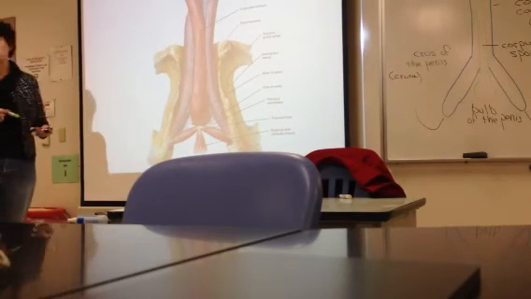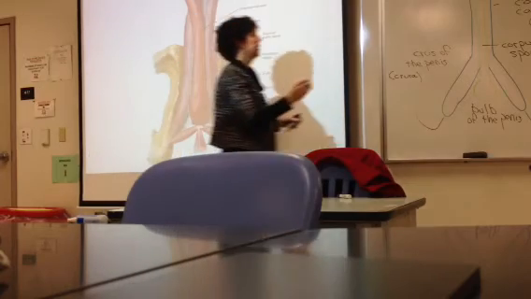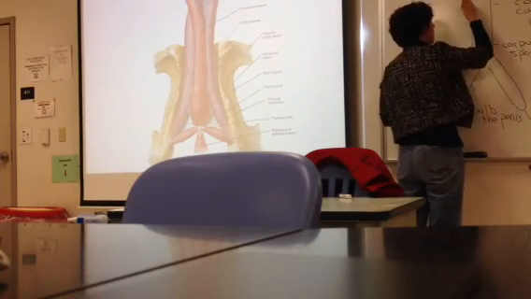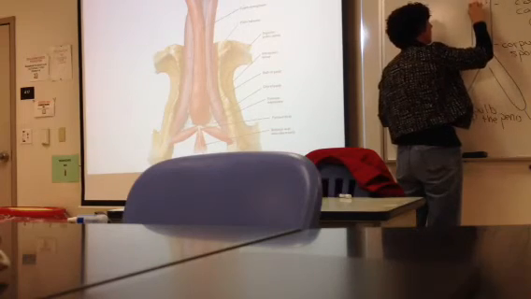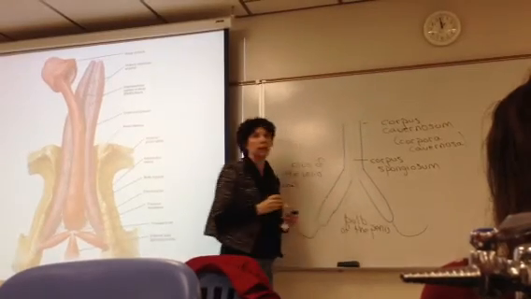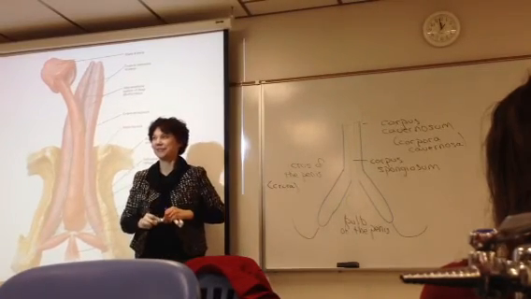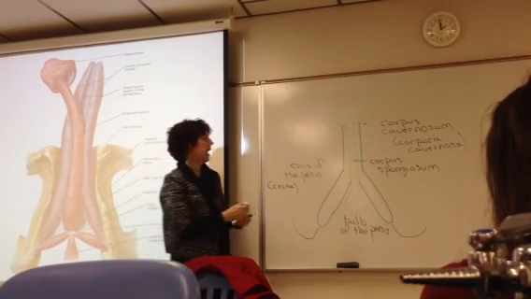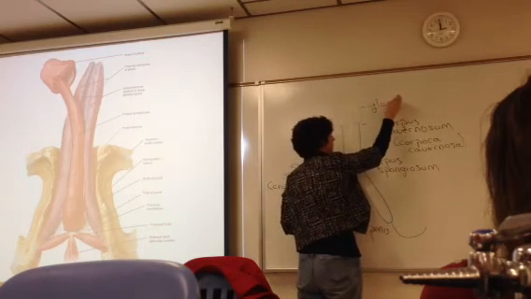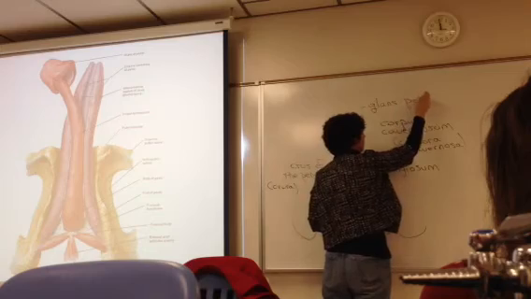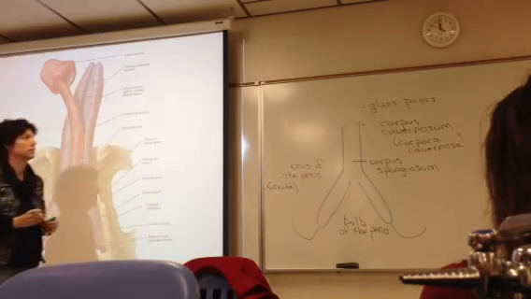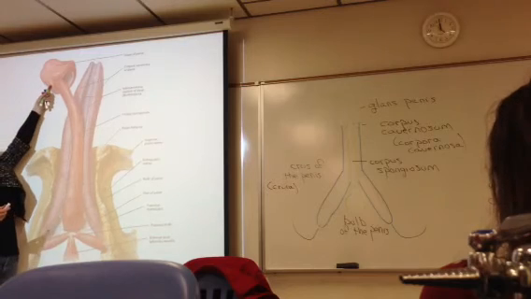At its tip, it expands, forms a mushroom-like cap, and covers the corpora cavernosa. And this cap is known as the glans penis. That would be this structure right here.